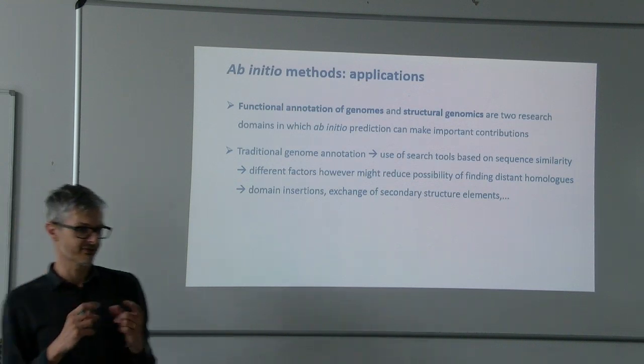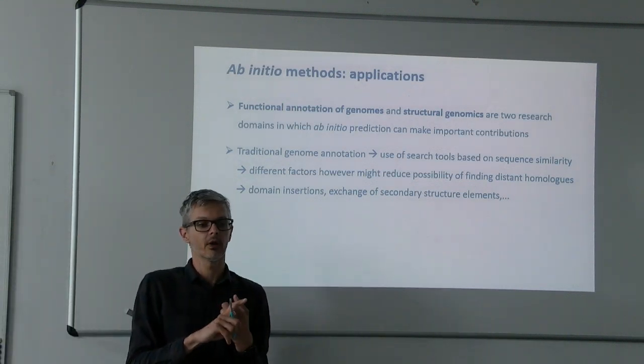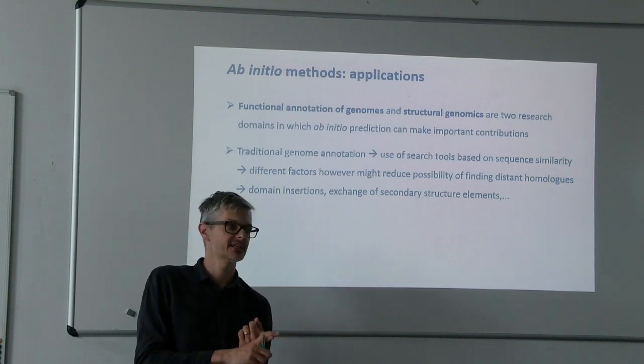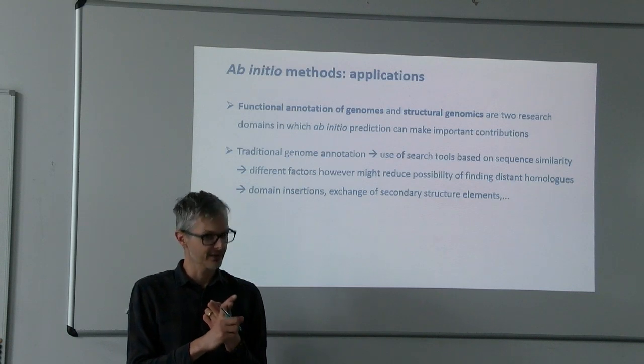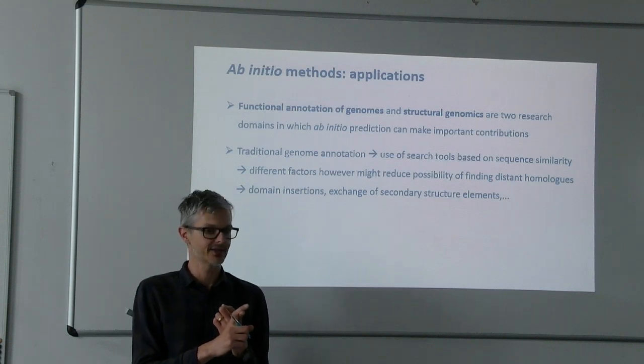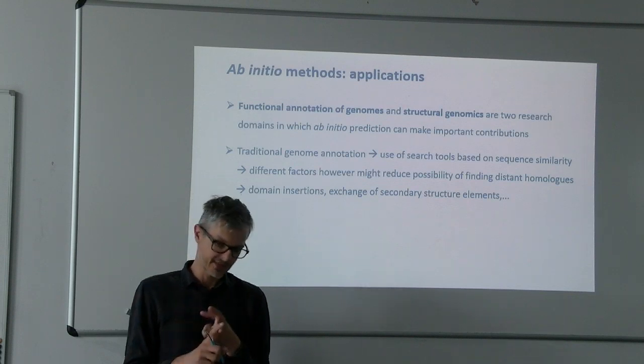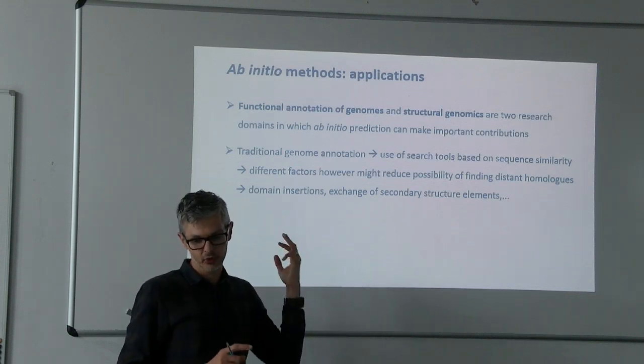How do you do that? You can first have a look at all these proteins that can be encoded by this species. Can I make homology models? That's the first step, and there are quite a lot. You will be able to already build models. Then you can go also to fold recognition and then also to ab initio.